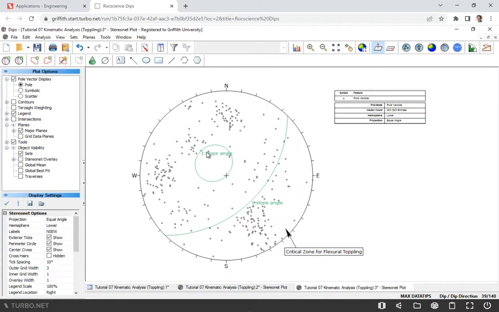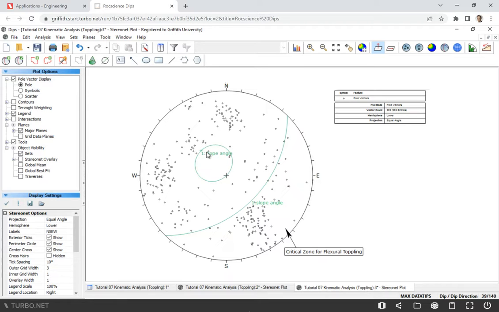The second condition that must be met for planar failure is about the friction angle between the planes. If the friction angle is high compared to the inclination, there is not going to be any movement. The idea is that the friction angle between the planes is less than the inclination of those planes.